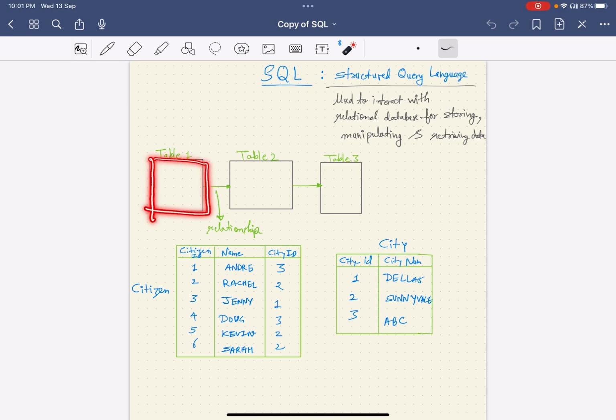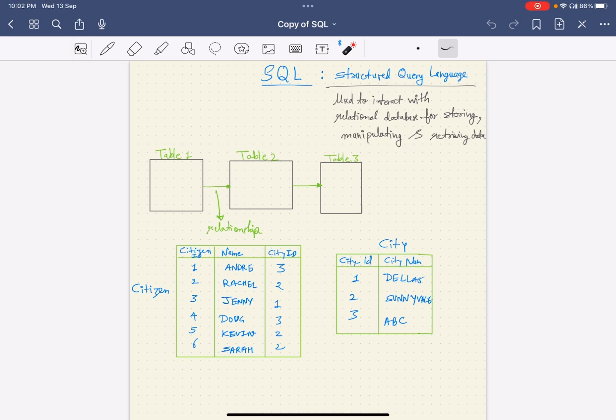Databases most of the time have the form of different tables. Suppose we have three tables, table 1, table 2, table 3, and there are some relationships between these three tables. We call these relationships, and this is what we call a relational database.